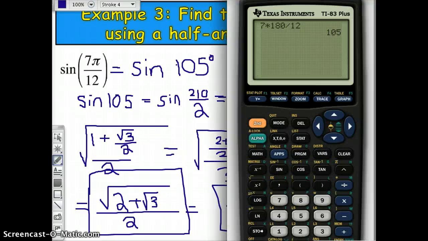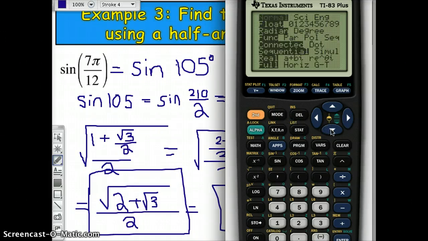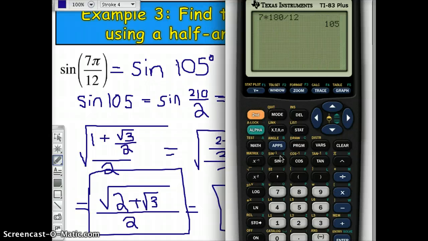You can check your answer by making sure your calculator's in degree mode. So hit mode. Where is it? And then the original angle is 105, so I want to do sine 105. Hit enter.